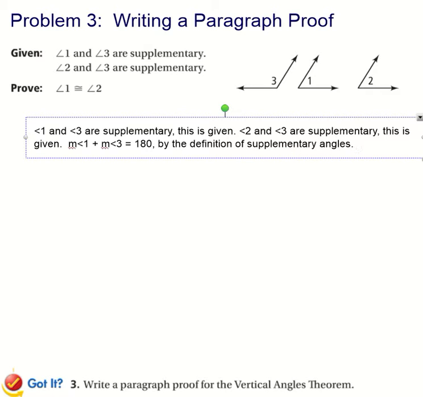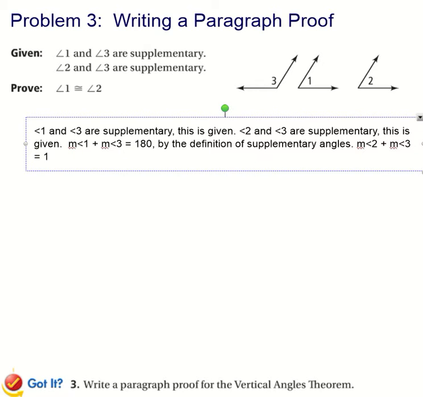And we can say the same thing for angle 2 and angle 3. So the measure of angle 2 plus the measure of angle 3 equals 180 by the definition of supplementary angles.